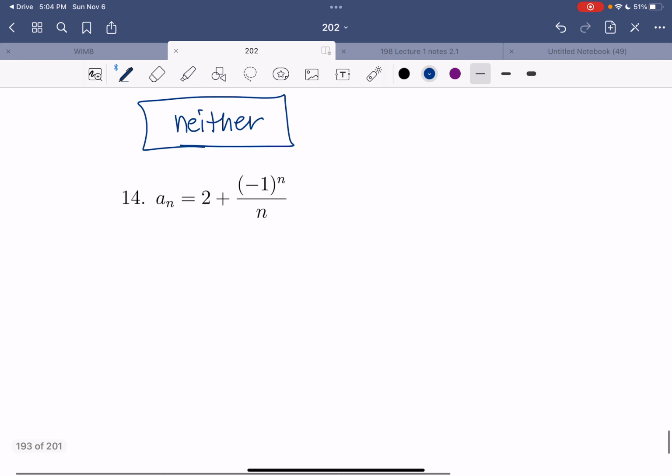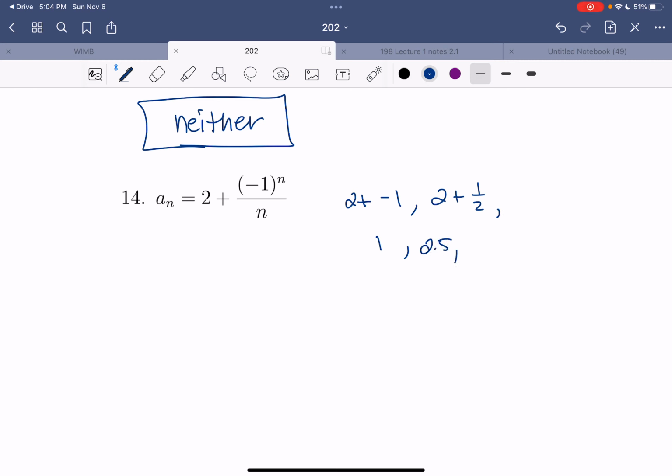Okay, what about this one? This one starts at 2, and then you're adding on terms here. So when I plug in 1, I'm going to have 2 plus negative 1, so that's 1. And then when I plug in 2, I'm going to have 2 plus 1 half, so 2 plus 1 half, and that is going to be, we'll just call it 2.5.